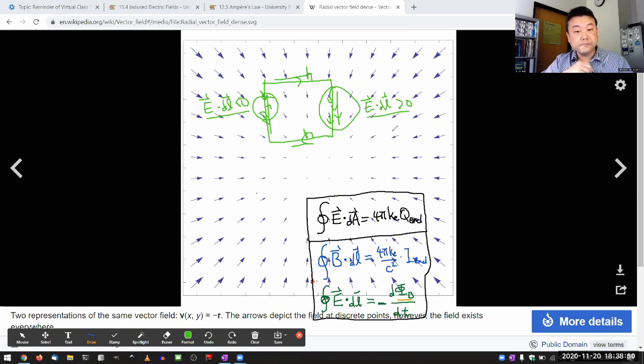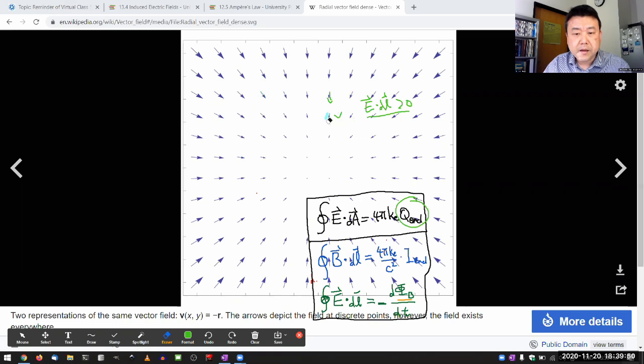And for fields that are produced by static charges, like here, these integrals always work out so that they are zero. And this is really what leads people to say that the electric field is a conservative field. So that's the vector field description of what matches what we discussed under Gauss's law.